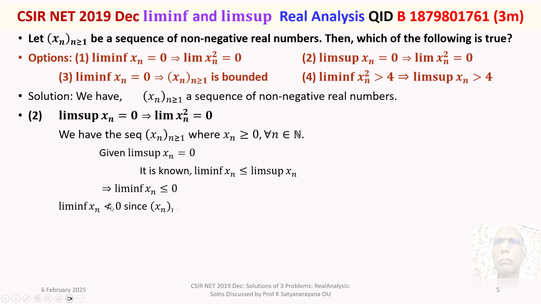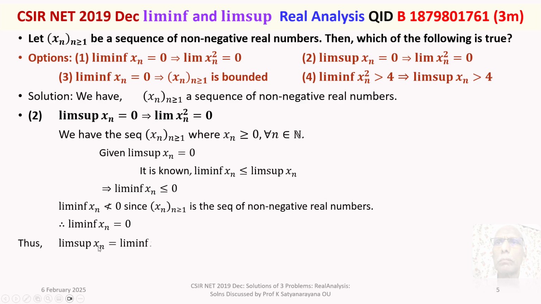Limit inferior of Xn cannot be less than 0 since Xn is a sequence of non-negative real numbers. Therefore, limit inferior of Xn is equal to 0. Thus, we got limit superior of Xn is equal to limit inferior of Xn is equal to 0.